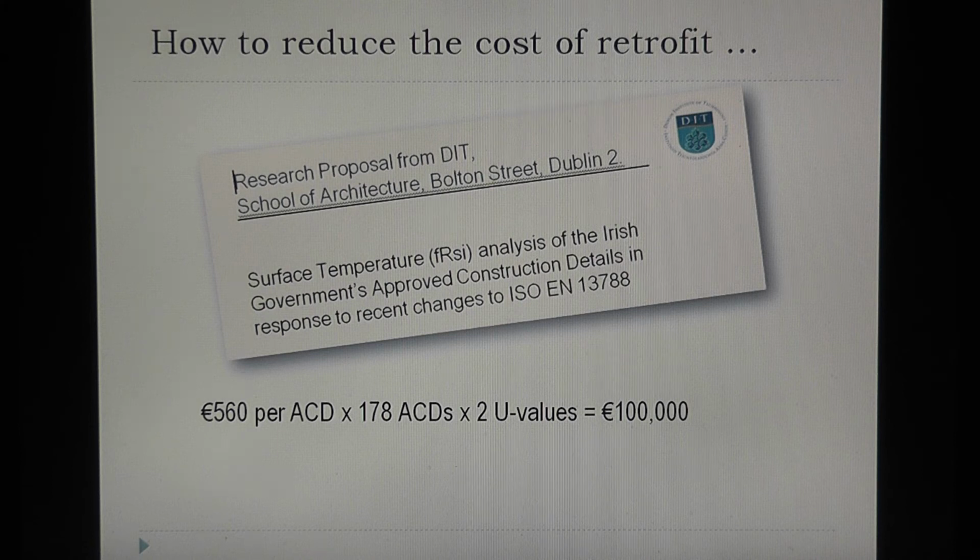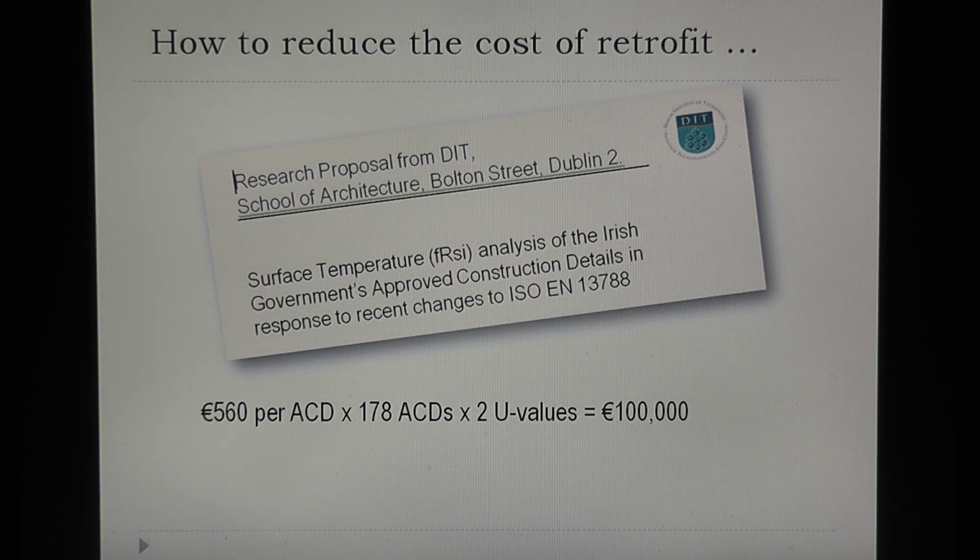So we need to look at a much wider range of U values for the flanking elements, and we need to redesign the details so that they are compliant even with U values down as low as 0.08 certainly for ceilings, and 0.1 probably for walls.